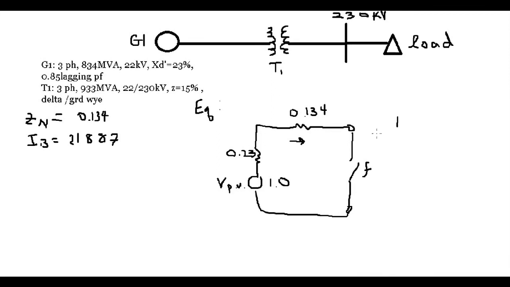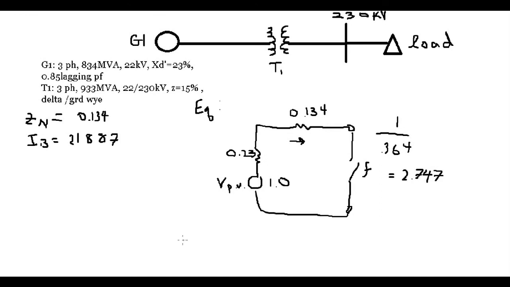This is just going to be 1 divided by Z total, which is 1 divided by 0.364, just 0.134 plus 0.23, and so our I per unit is equal to 2.747.